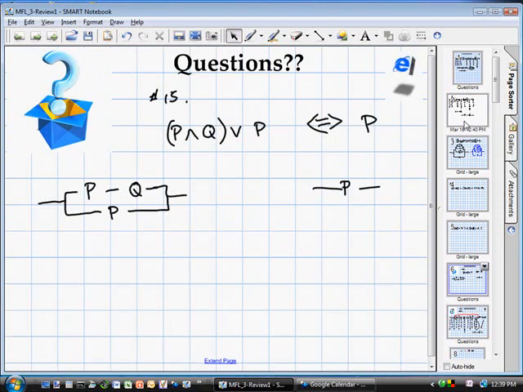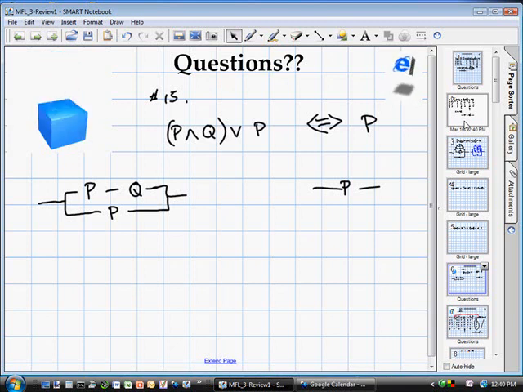Draw a pair of switching networks to indicate that the statements are... Okay, so draw two separate networks. Well, the first one, P AND Q, OR P. I guess all I had to do is just draw these two. So, what's in parentheses here?